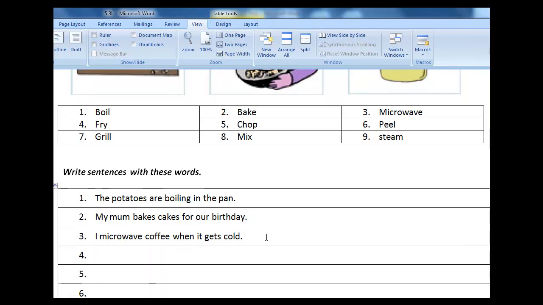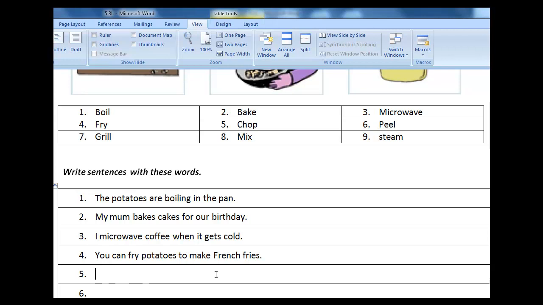Next is fry. Let's see if you can fry potatoes to make French fries. And that word fry and that word fries, of course, there's a relationship.